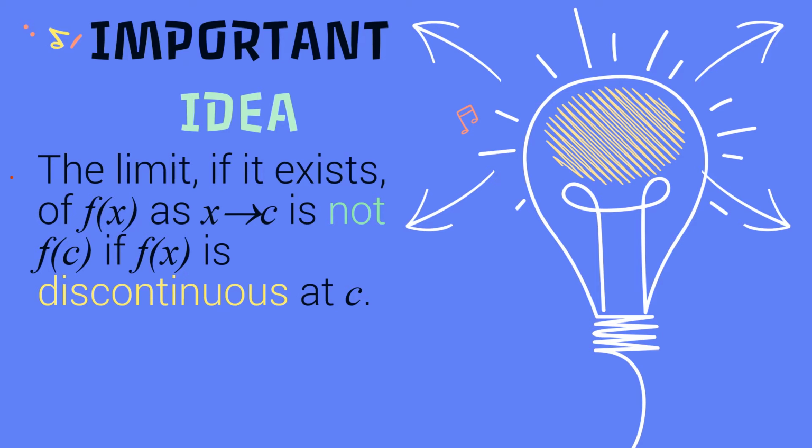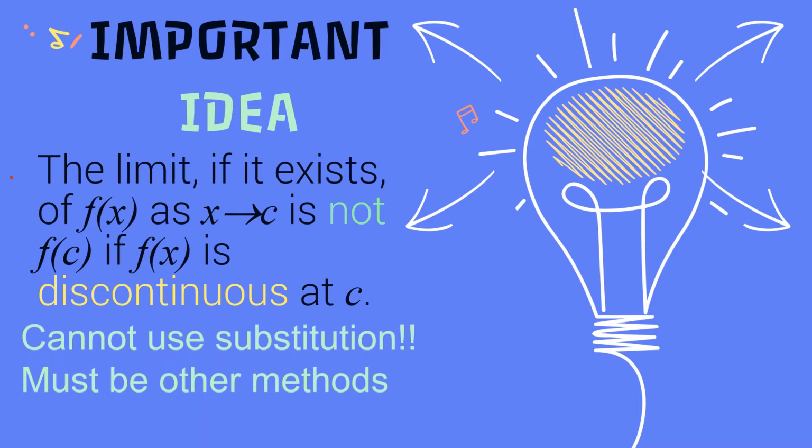Here we have an important idea of the way that we're going to find limits. The limit, if it exists, of f of x as x gets close to c is not f of c if f of x is discontinuous at c, and in this case we cannot use substitution, so we must be able to apply other techniques.